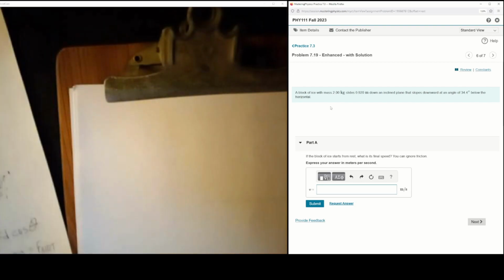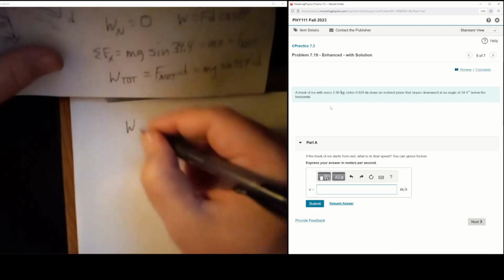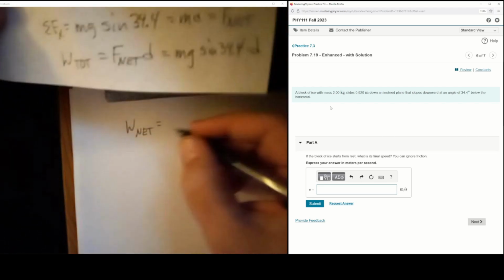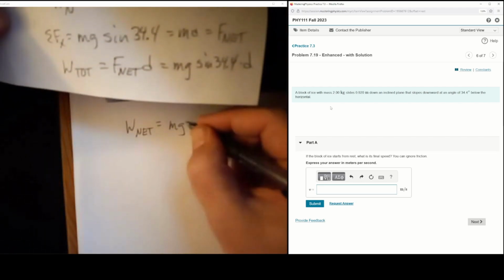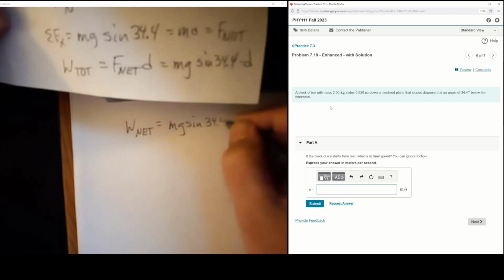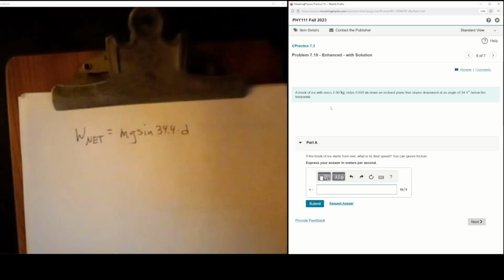So let me just write that again. Work net is mg sine 34.4 times d. So that's the work.